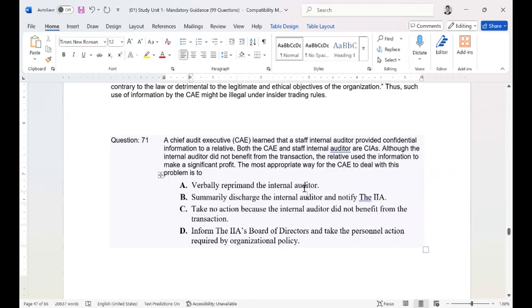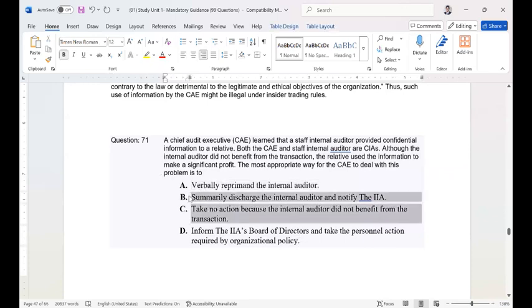Verbally reprimand the internal auditor seems to take no action; inform the IIA's board of directors and take the personal action. So what they're saying is inform the IIA, its ethics committee, and then take personal action, tell the HR department. Yeah, so I suppose there will be a verbal reprimand also.